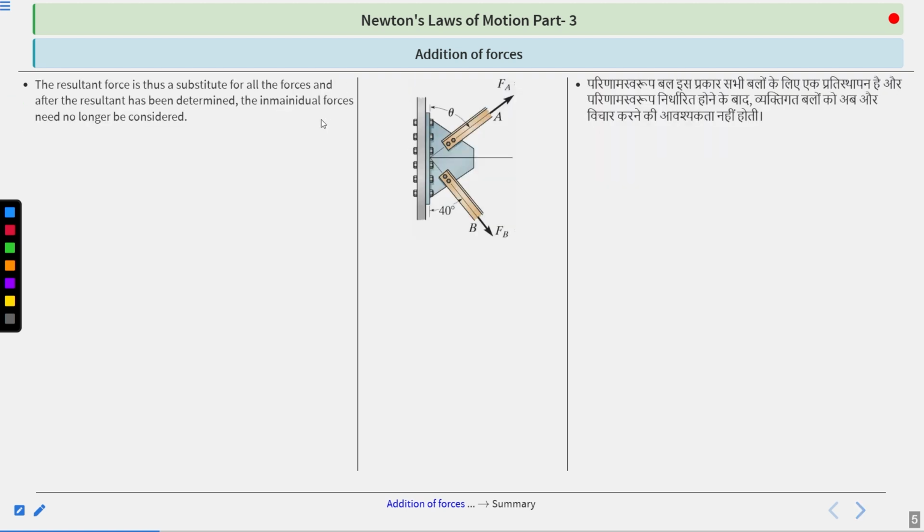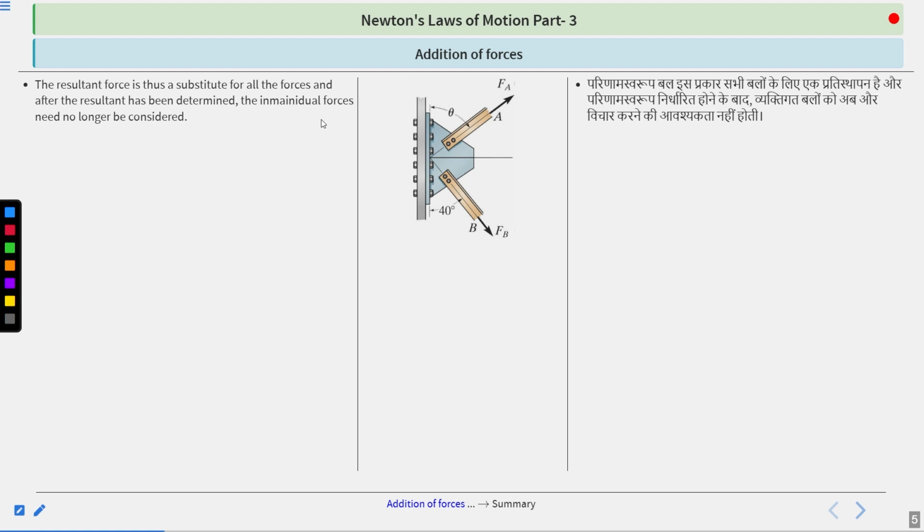Now, the resultant force is thus a substitute for all the forces, and after the resultant has been determined, the individual forces need no longer be considered. Suppose there are three forces A, B, C acting on a certain point of reference, and these forces form a new force.